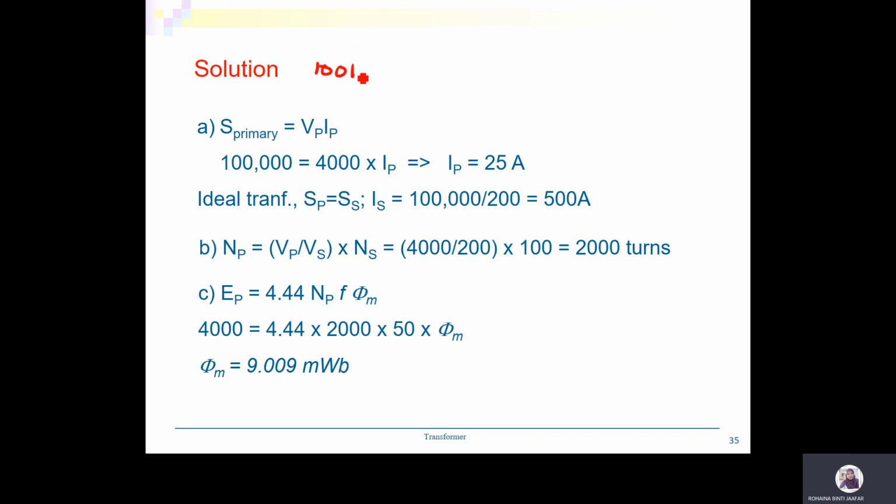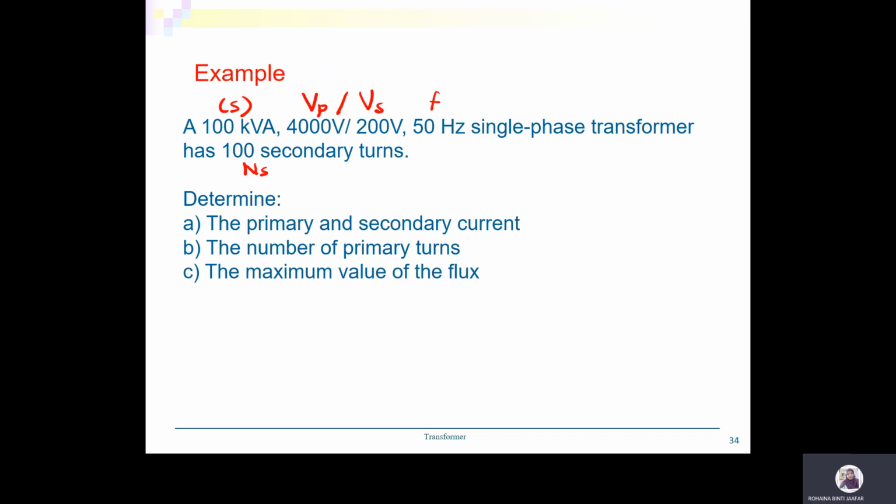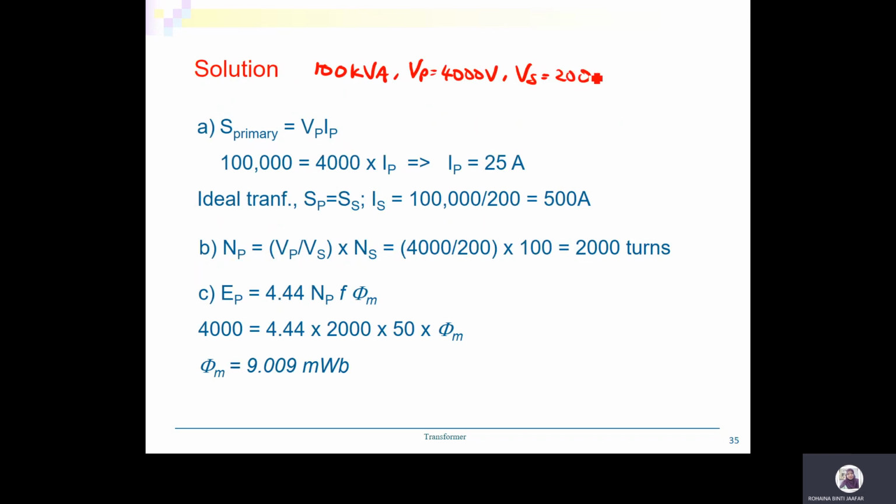So I will write back the information: Vp equal to 4000 volt, and then Vs equal to 200 volt, and then the frequency is 50 Hz.